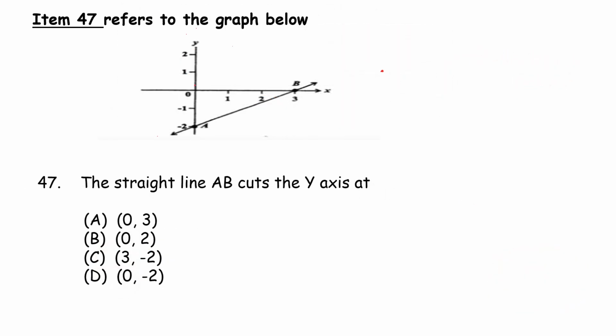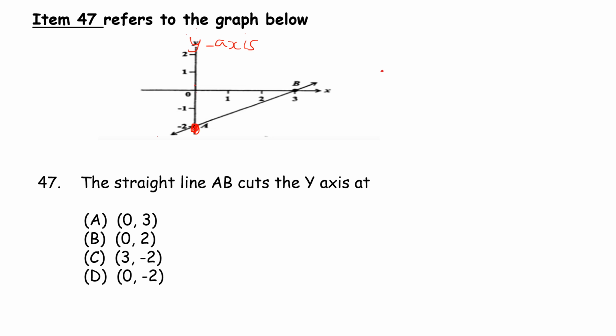Question 47. It says refers to the graph below. The straight line AB, which is this line here, cuts the y-axis at. Now this is our y-axis, it has a y here. So where does this line AB cut the y-axis? That is going to be this point right here.